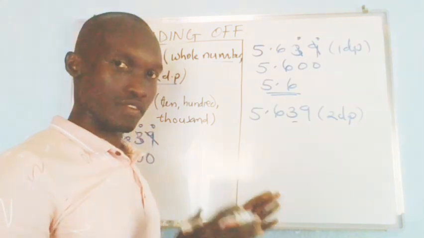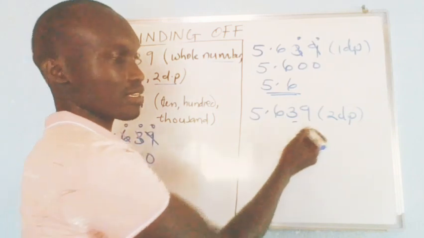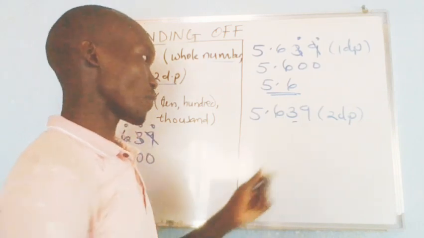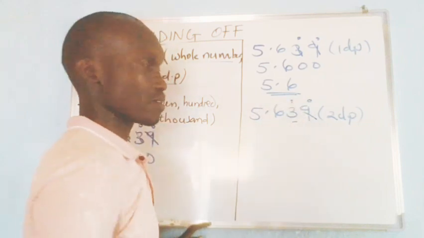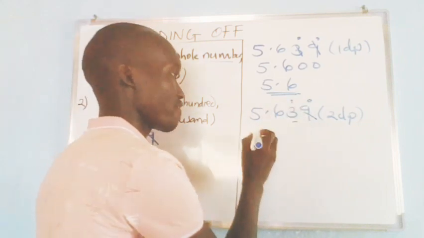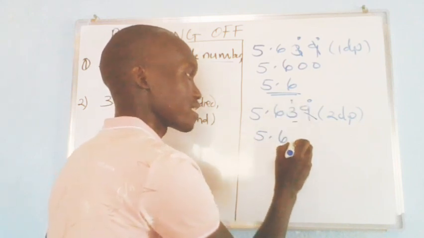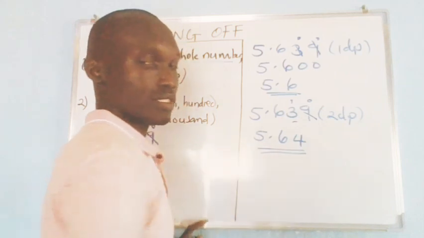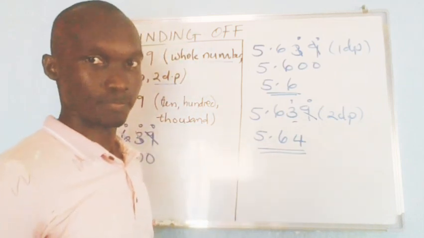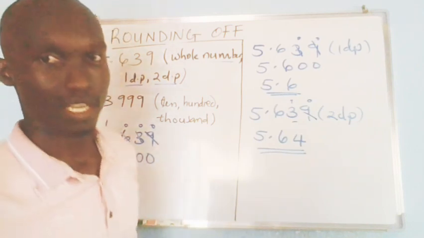Then you ask yourself, is 9 5 and above or is it below 5? In this case, 9 is above 5. So this one becomes 0 and we add 1 to this 3, making 4. So our final answer will be 5.64. This is to 2 decimal places.